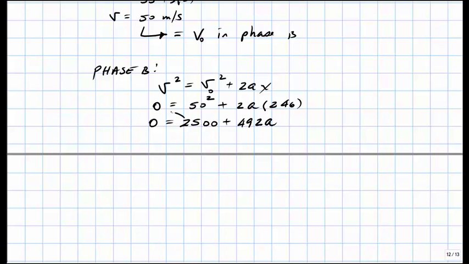We'll transfer the 2,500 to the other side, and that produces negative 2,500 equals 492a. Next, we'll divide both sides by 492, and the result becomes negative 5.081. And the units for acceleration, of course, are meters per second squared.